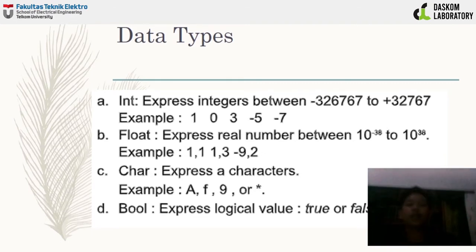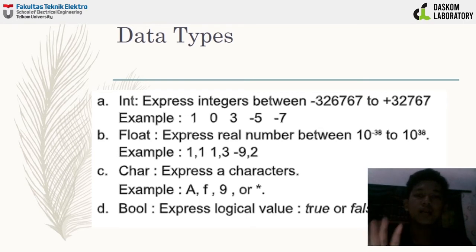So float is the same as integer, but float can contain a decimal number, while integer cannot. An integer can only contain numbers like 1, 2, 62, 70, and it can't contain a decimal. This is why float is created, to contain decimal numbers for the program.